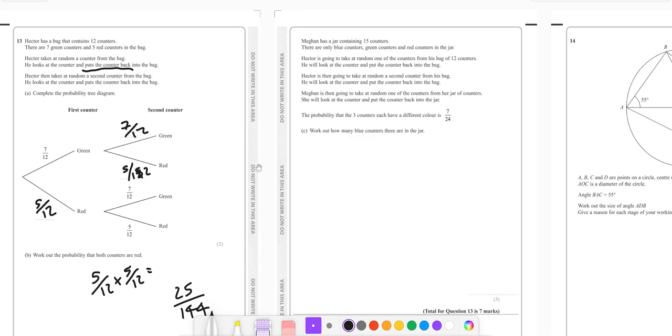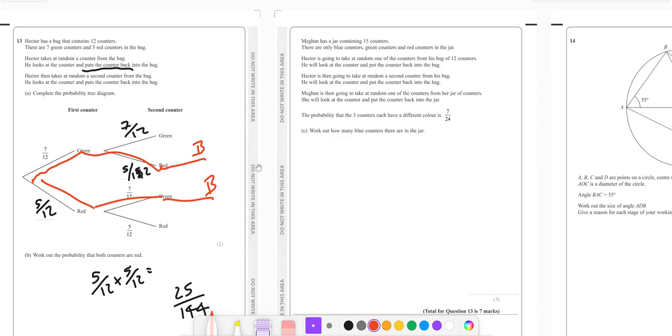So, okay, the route to get a different one is we've got to get green and red and then blue, or we've got to get red then green then blue.